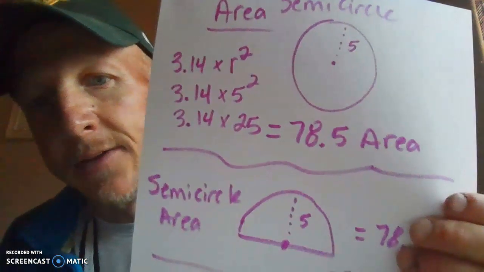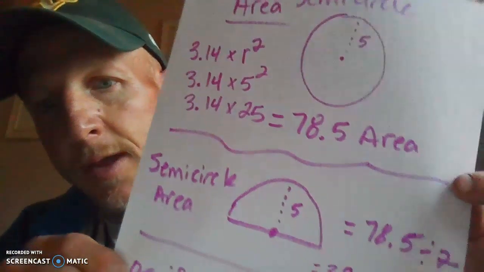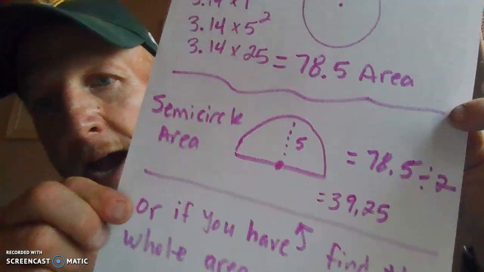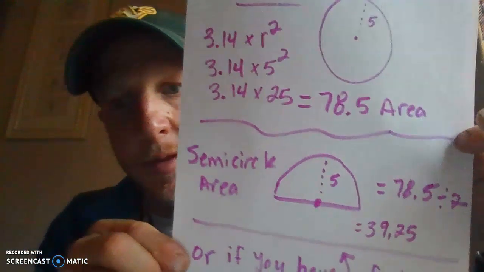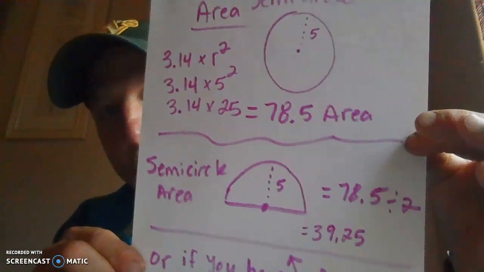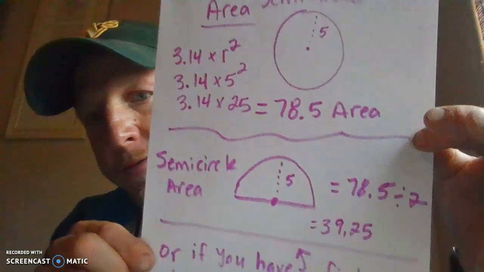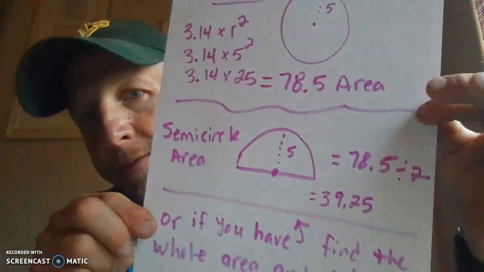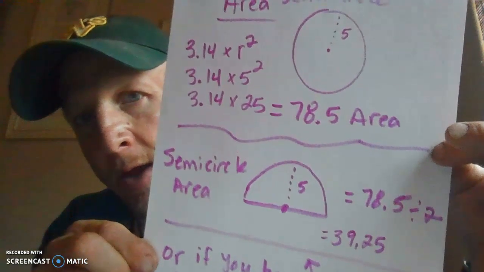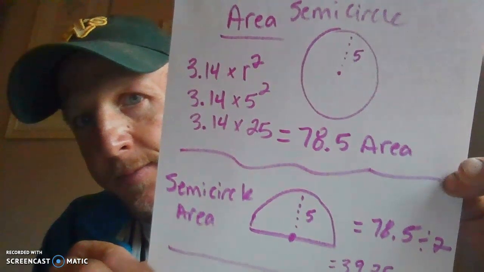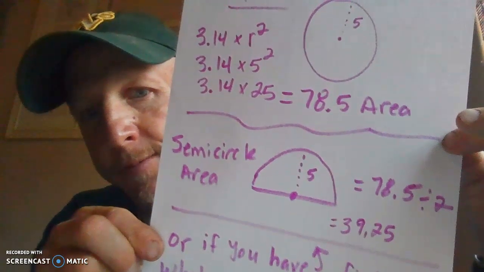If I want to apply that to a semicircle, I'm just going to divide that amount by 2. Because I know the whole circle is 78.5, half of that circle would be 39.25. I took the area of my whole circle on top and I split it in half.